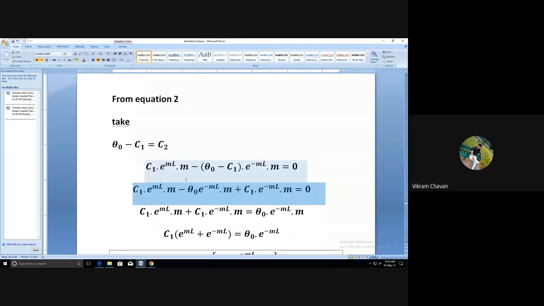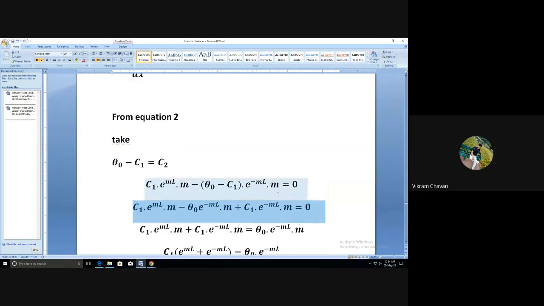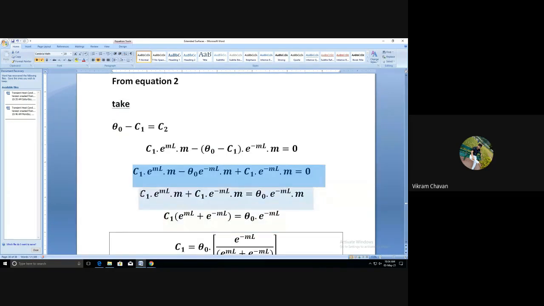C1 terms we have to consider on one side, and the term without C1, that is nothing but minus theta naught multiplied by e raised to minus mL multiplied by m, we have transferred to the other side.